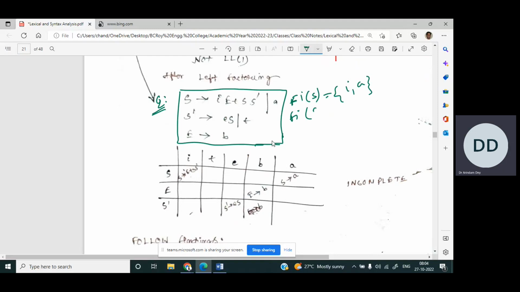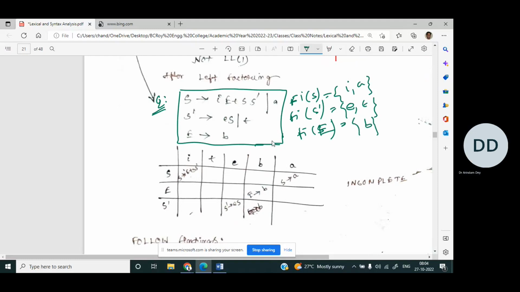Then first of S dash, it will be e or epsilon. Then first of E, it will be b, right?